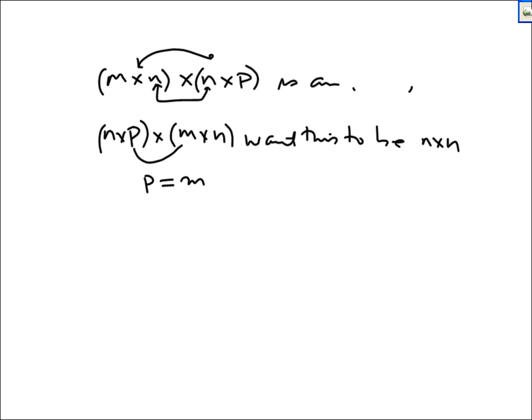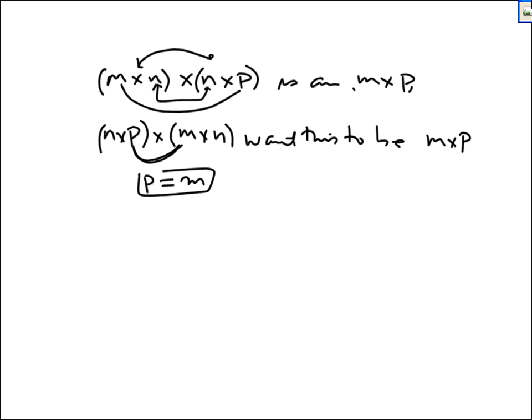Since the inner numbers were the same, we're going to get m by p. M by p. Okay? So we want the same answer here. We want this to be m by p. Now, here's the situation. P and m must be equal.